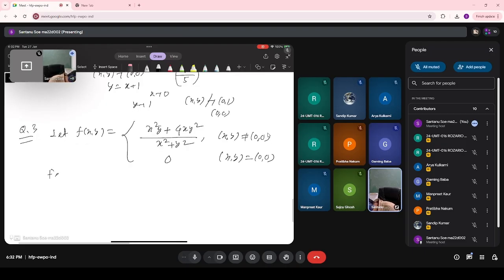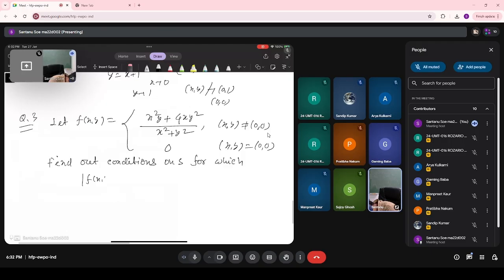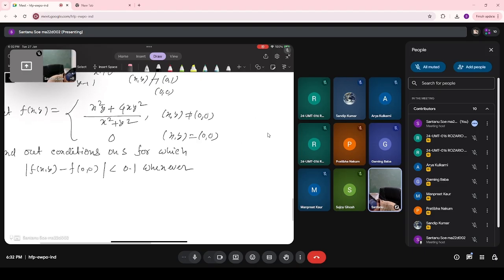Now find out conditions on δ for which |f(x, y) − f(0, 0)| is less than 0.1 whenever 0 < √(x² + y²) < δ.